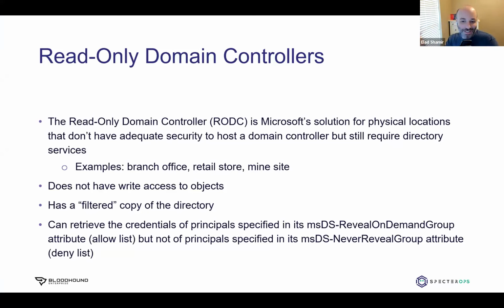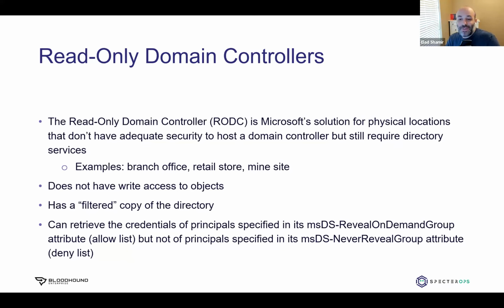But what should organizations do if on the one hand, they require directory services in some physical location, while on the other hand, they can't provide adequate physical security to a domain controller in that location? This scenario is not common nowadays, but it used to be an issue in remote physical locations with unreliable network links, such as remote branch offices or retail stores. And we still see that nowadays on mine sites and even on ships out in the ocean.